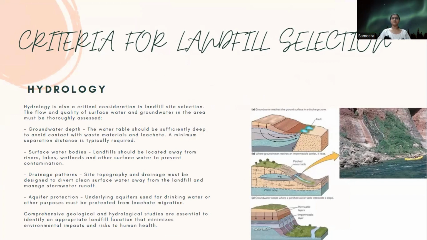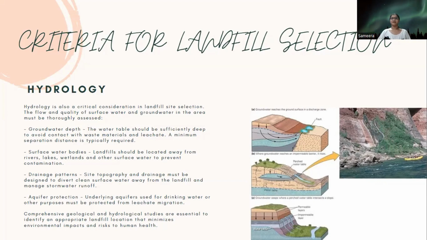Groundwater depth. The water table should be sufficiently deep to avoid contact with waste materials and leachate. A minimum separation distance is typically required. Surface water bodies. Landfills should be located away from rivers, lakes, wetlands, and other surface water to prevent contamination. Drainage patterns.